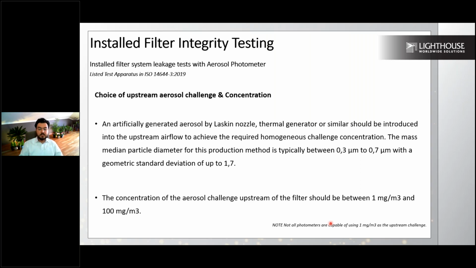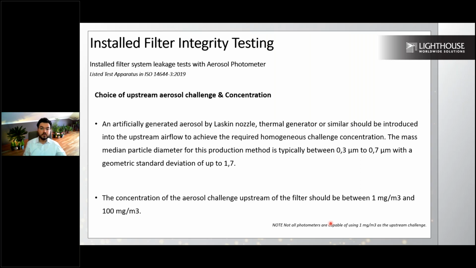In any case, keep in mind, we're not checking the efficiency. For example, if we have a physical damage in your HEPA filter, the size of this damage is like a stadium size. And your particle, if you are sending 0.3 micron particles, they are generally like a soccer ball size. But if you have 0.7 micron size, it will be larger than this.